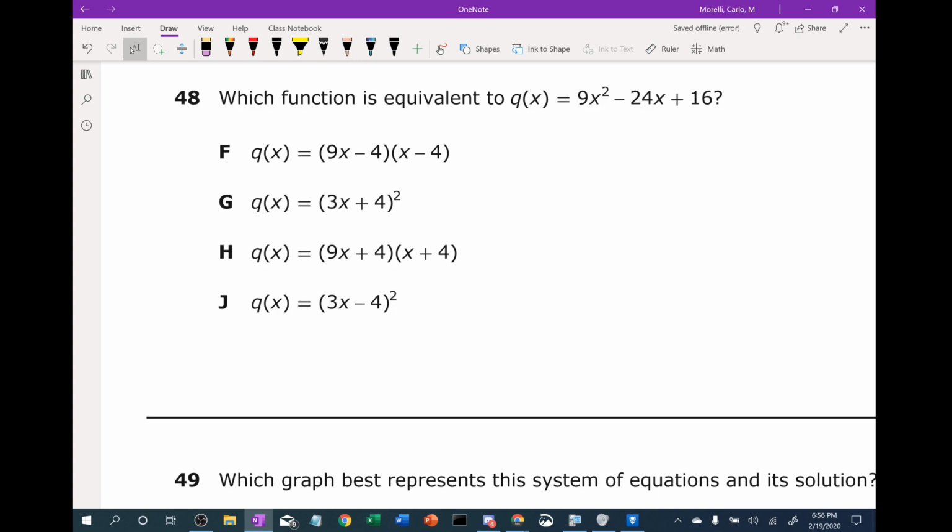TI, got it. So if that's the case, then what we're going to do is just replace all these Q of X's with Y's. So this would be like Y1. And then we'll start testing these, with Y2 and just see which ones match when we do second graph.